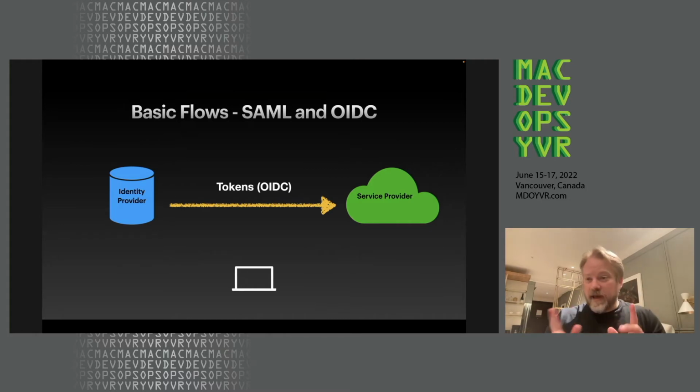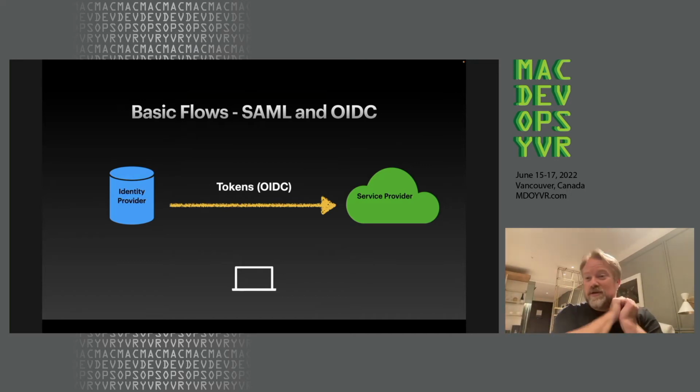Now, if you're a Mac admin, you've been doing this job for a little while, and you've ever had to deal with Active Directory, you've probably done some work with Kerberos, in which case you might be looking at this and saying, this looks very similar to a Kerberos flow where you might be using a service ticket, right? If you want to go to a printer, because that's what you do with Kerberos, right? You go to printers. So you want to print something to a printer. You don't actually send it a username and password.